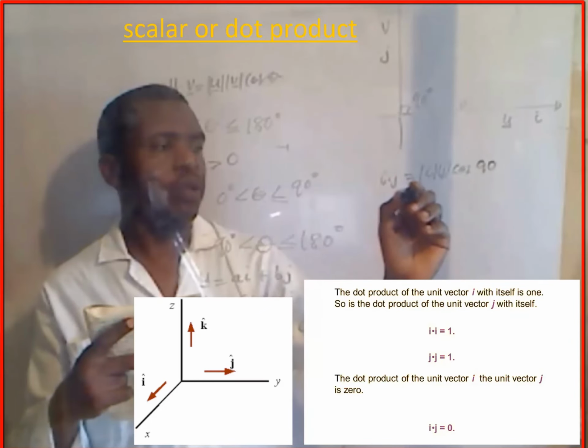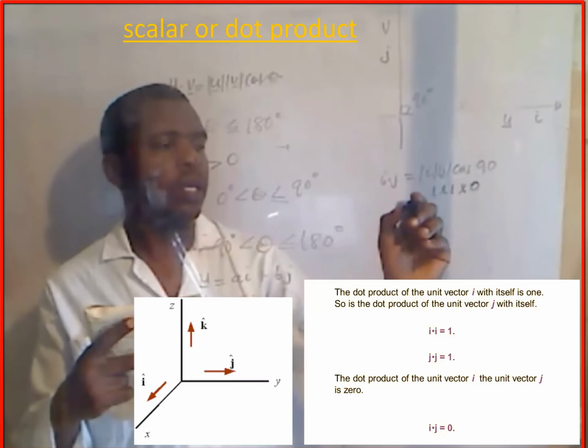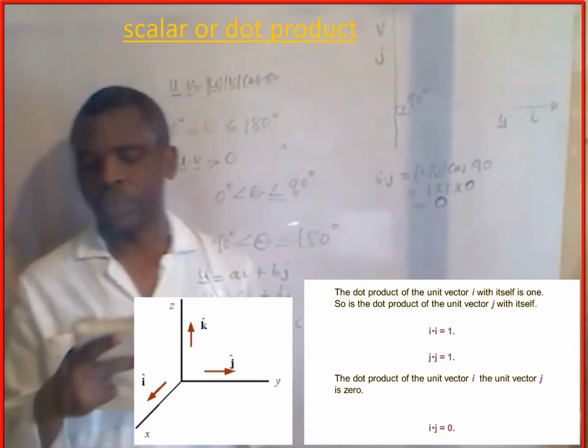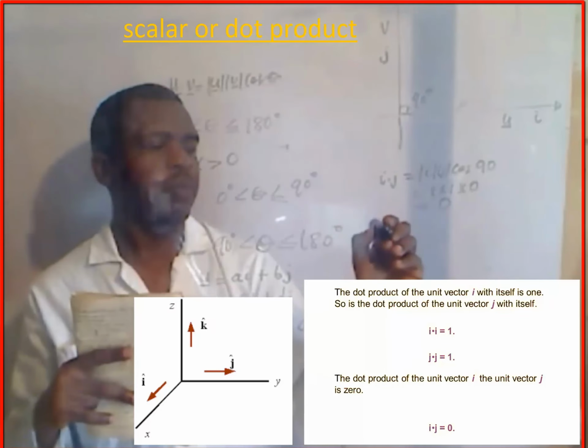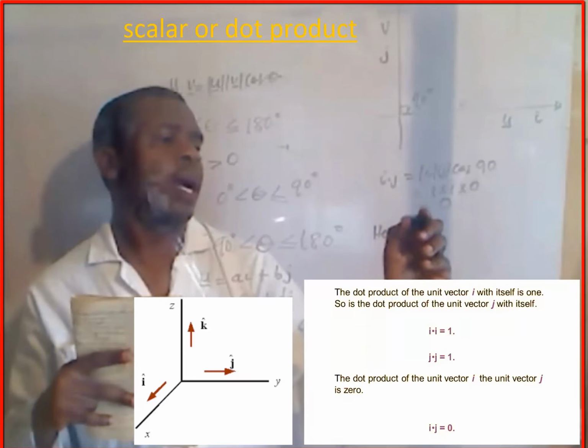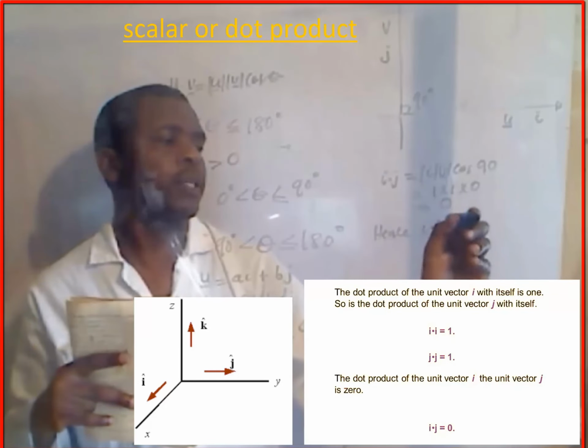This is equal to 1 times 1 times 0, which is equal to 0. Since cos 90 is equal to 0, hence i dot j is equal to j dot i, which is equal to 0.